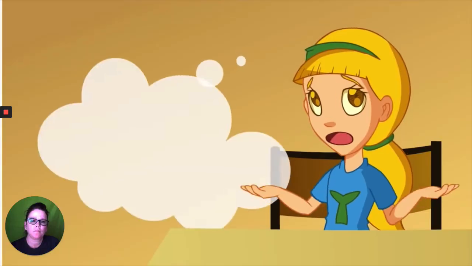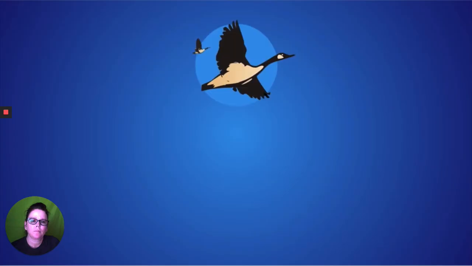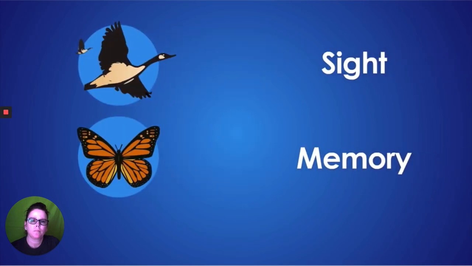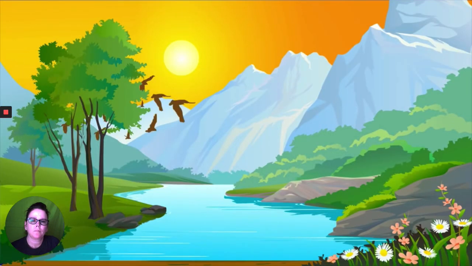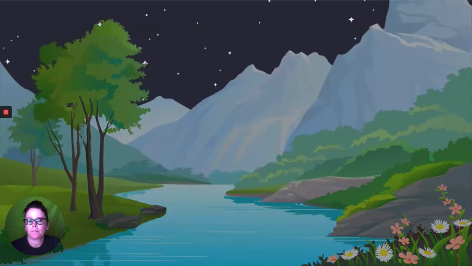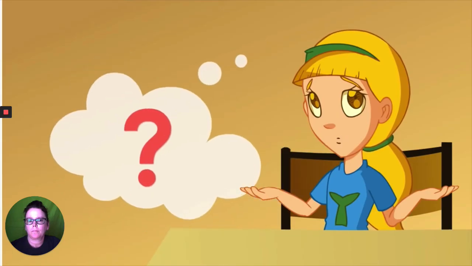What about those animals which fly? How can they find their way? Birds, the same as some insects like the monarch butterfly, use their sight and memory. They're guided by marks in the land, such as a mountain or a lake. Besides, they use the sun and certain stars as reference. What do they do if it's cloudy?